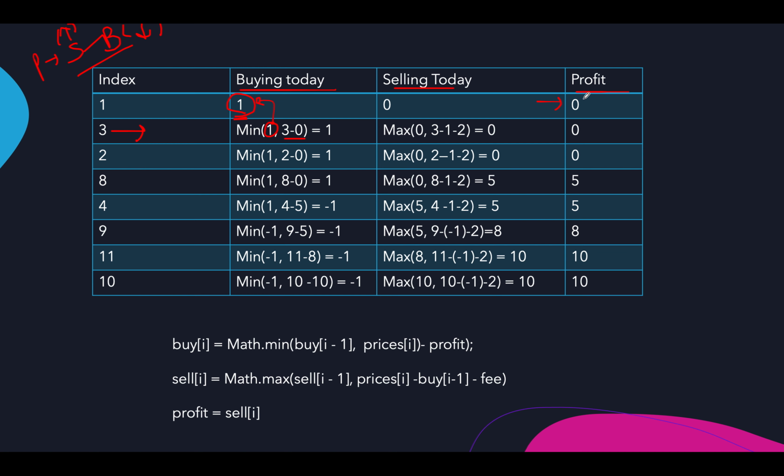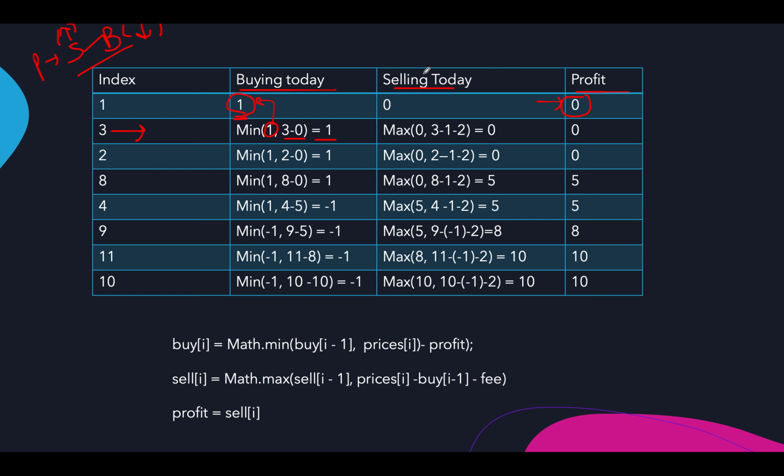That means you have to reduce the value of profit from the past from the current value, so as to get the new buying cost. And the minimum of these two would be your buying today price. You'll understand why I am reducing this profit so far from the current price in the downwards cases. The minimum of these two is 1.